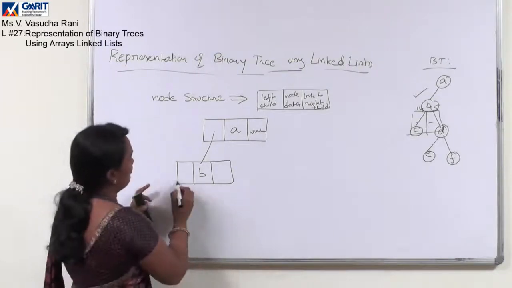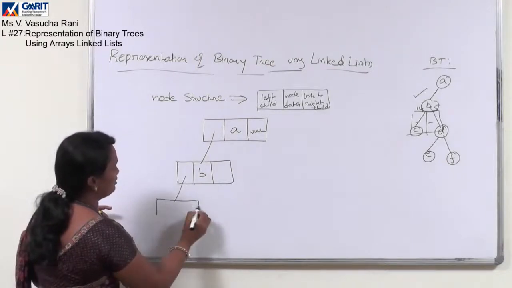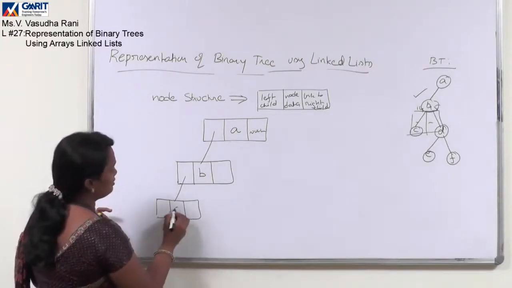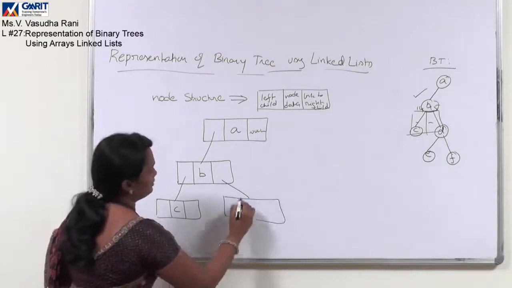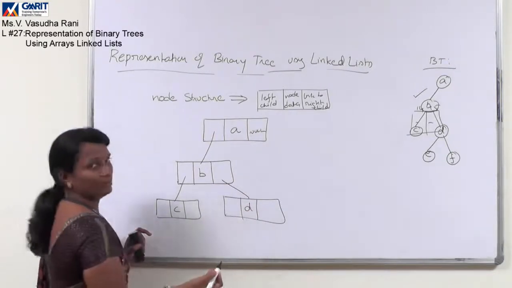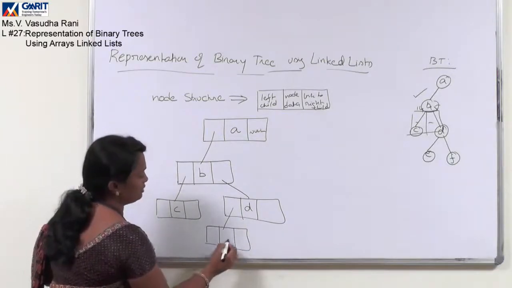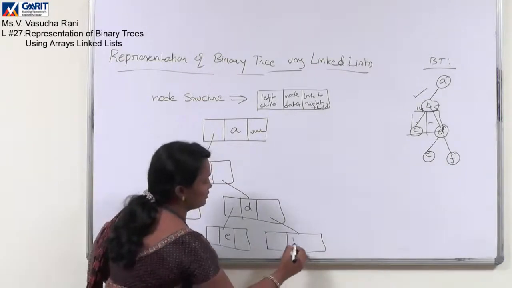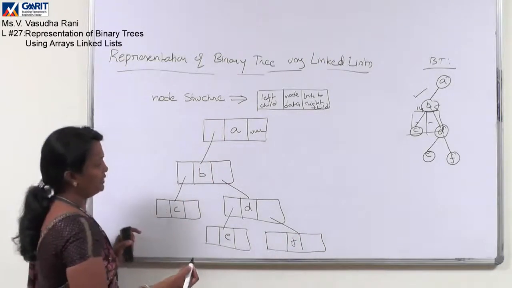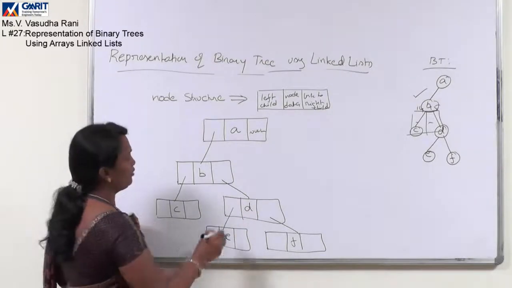And for B we have both left child and right child. So left child connects to a node, this is C, and on the right we have D, and for D we have left child and right child, it is E, and here we have the right child as F, and all the remaining locations are not having any nodes.